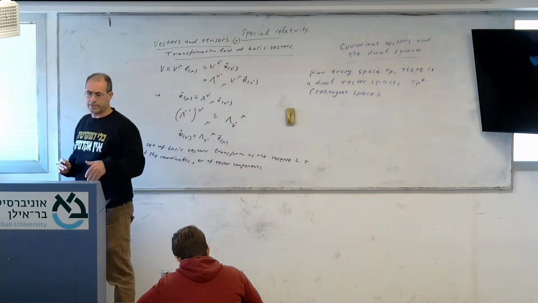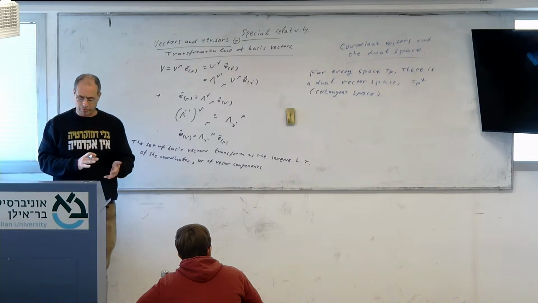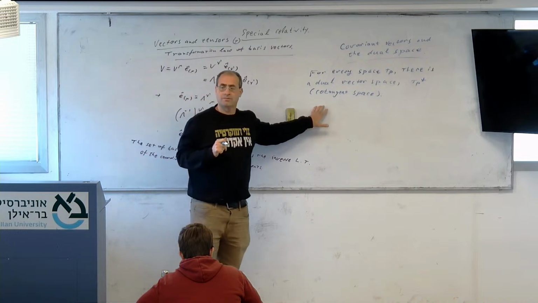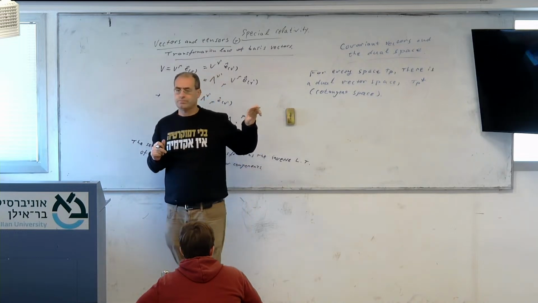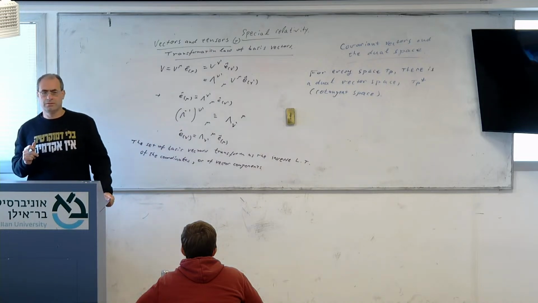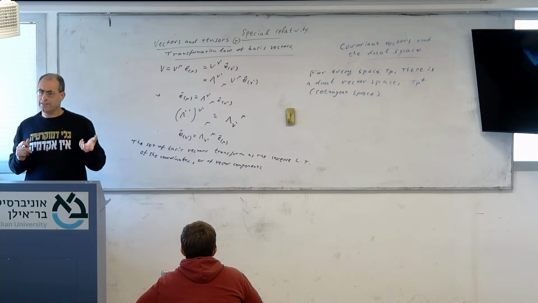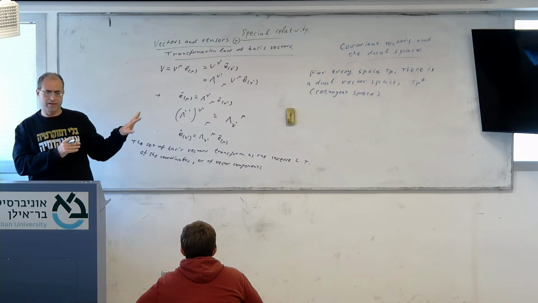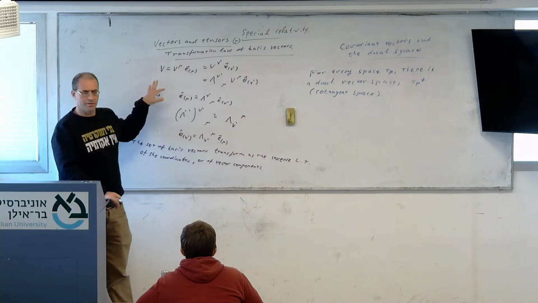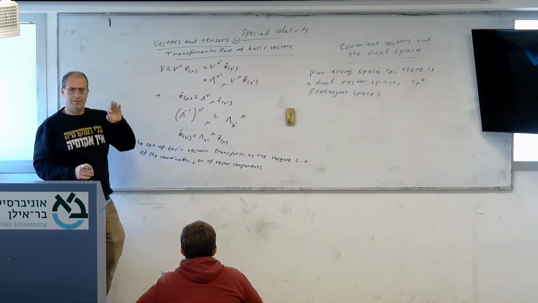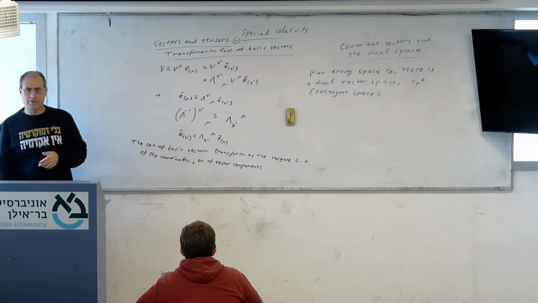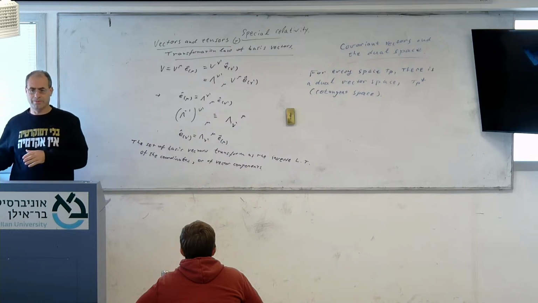If I'm giving you a vector space T_p, then there's always a dual vector space. Who lives in this dual vector space? Also vectors. Yes, but they're not the same vectors. We spoke about contravariant vectors. The ones that live in this space are called linear mappings. What is a linear mapping?